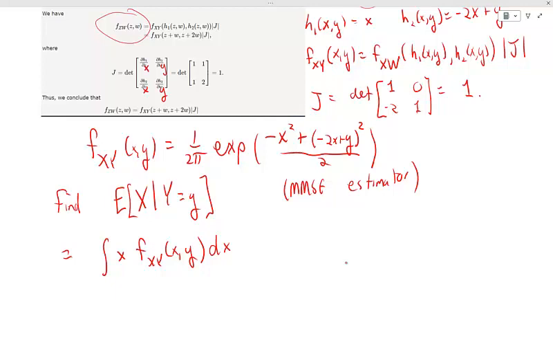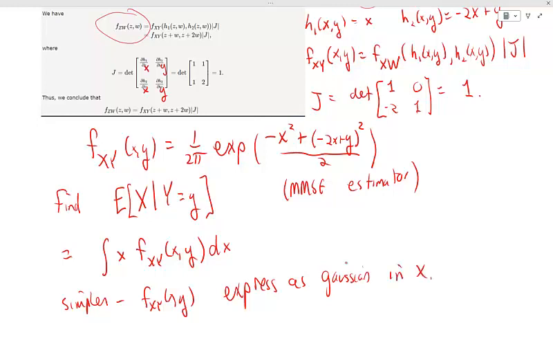So that looks a little bit complicated. Let's try to do a simpler way. I want to refashion this f_XY, and I want to express it as a Gaussian in x. Because if I put this in Gaussian form, we can read the expected value of a Gaussian off of the Gaussian form, right?